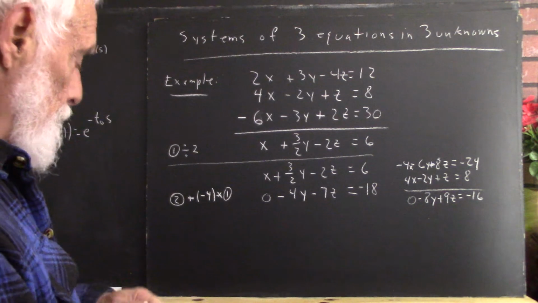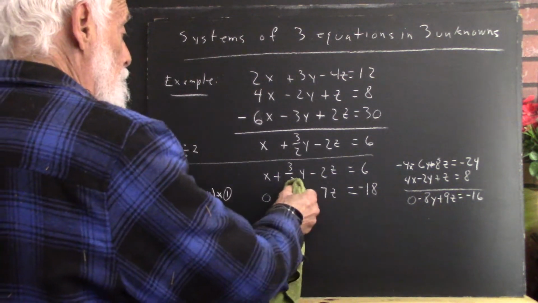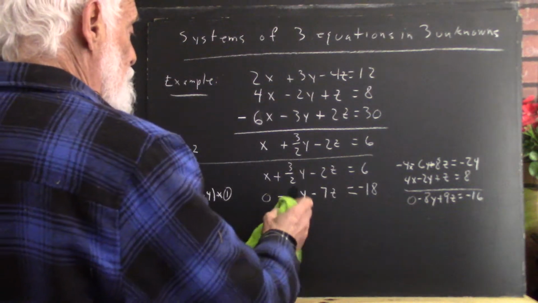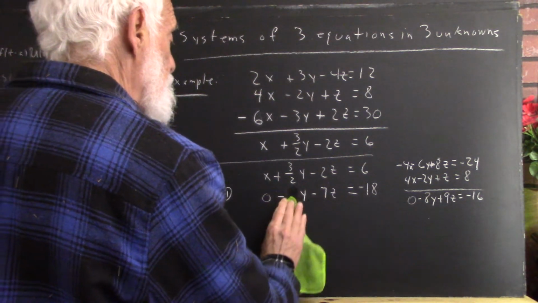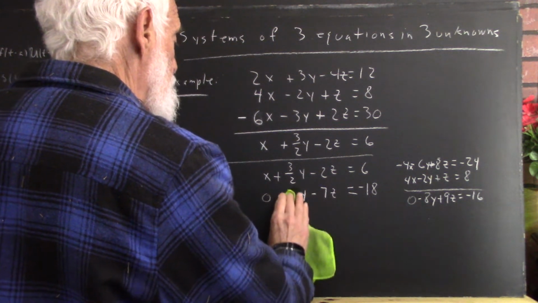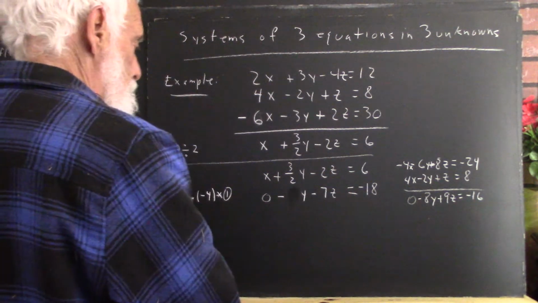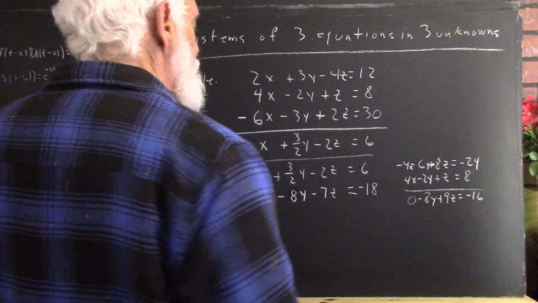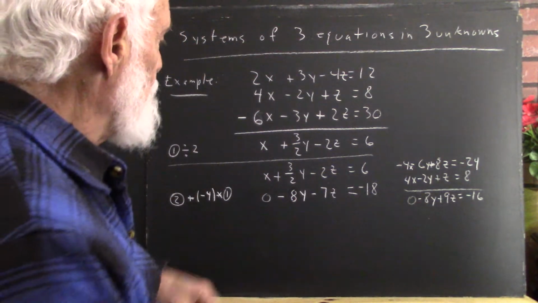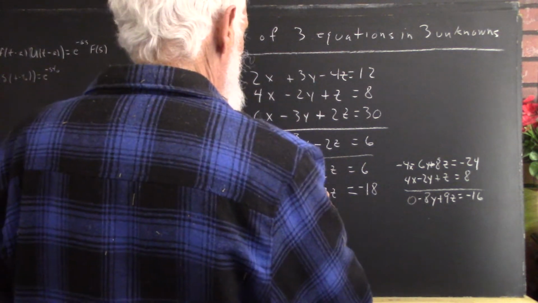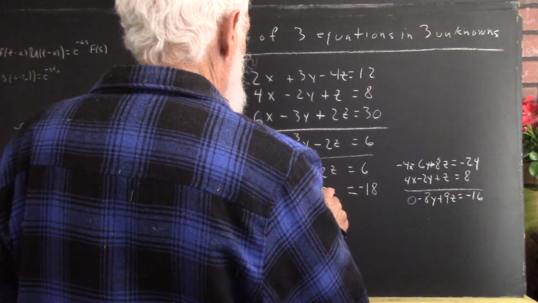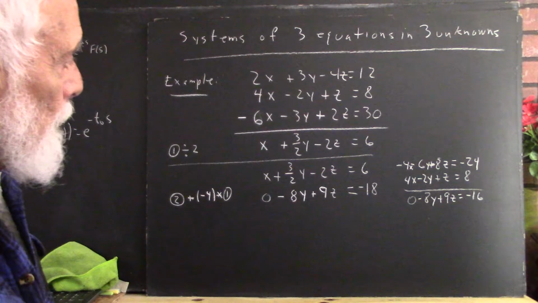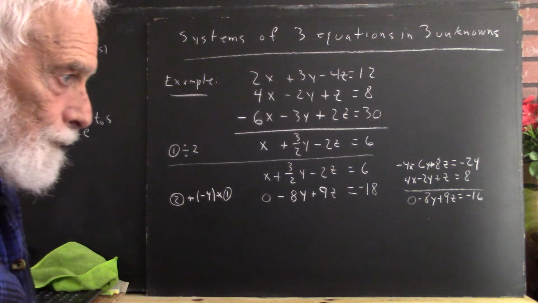So instead of my negative 4y, I should have negative 8y. And instead of minus 7z, I should have plus. It's easy enough to make a 7 into a 9, so I should have plus 9z. Okay?